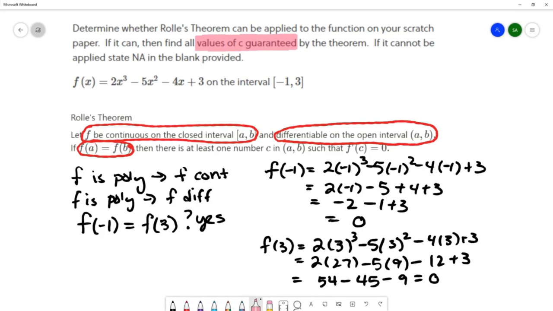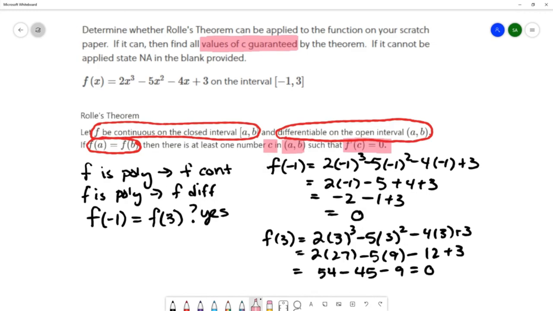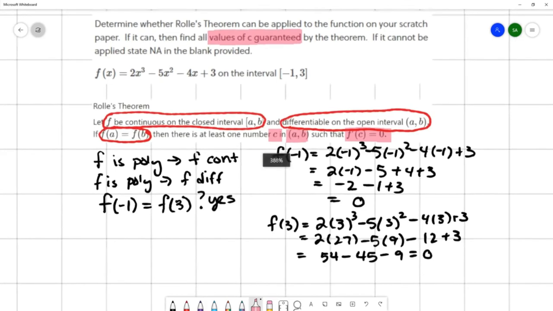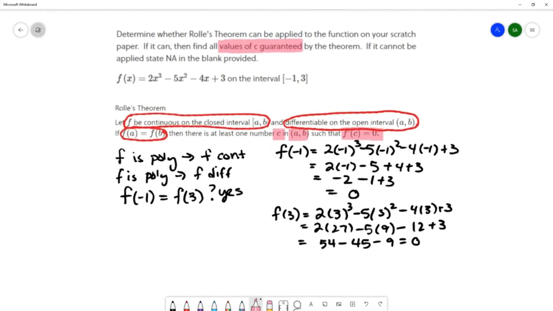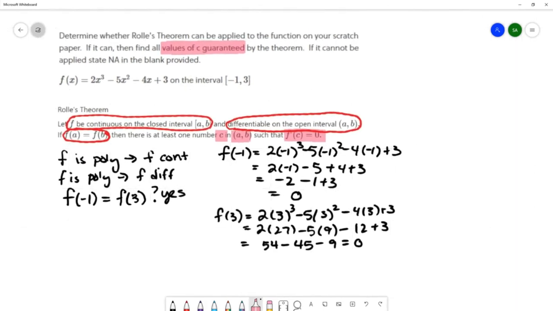We're guaranteed to find a value in the interval from a to b where the derivative is equal to 0. So we're going to have some value in between -1 and 3 where the derivative is equal to 0.